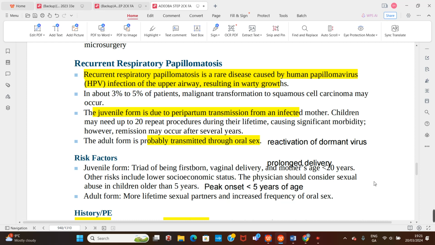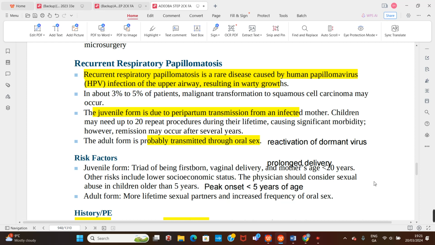The infection is the human papilloma virus, serotype 6 or 11. Serotype 6 or 11, not 16 or 18. It's very, very common in people with low socioeconomic status. And if you see a child that is more than 5 years that developed it, you might want to rule out sexual abuse, because the juvenile form peaks within 5 years.